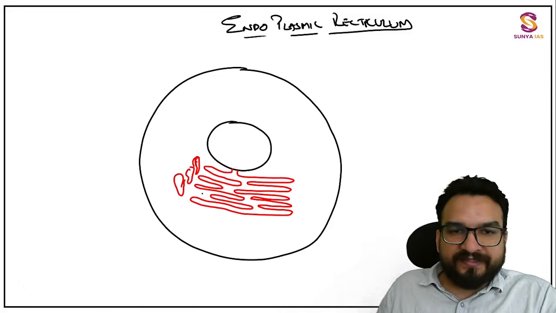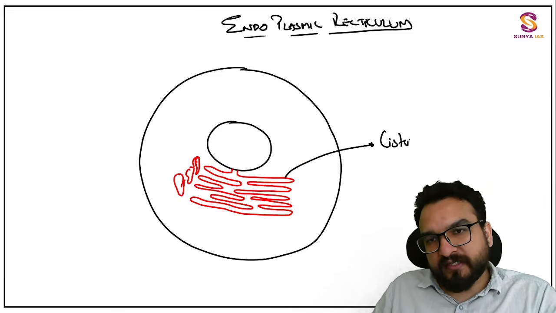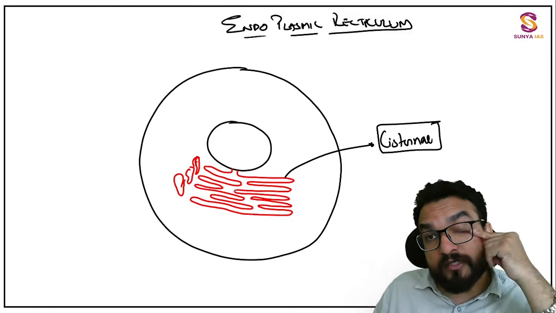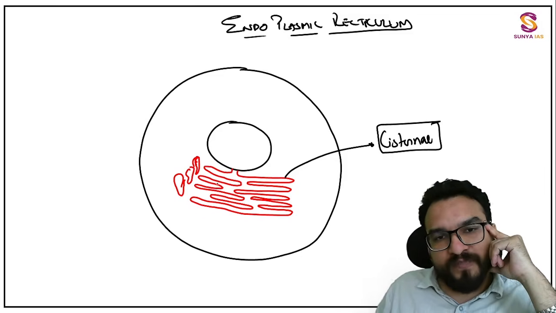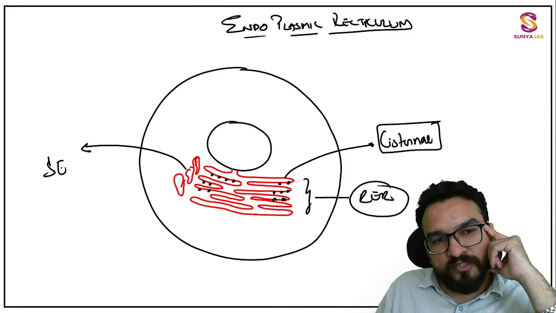Now, this structure is known as cisternae. This tube-like structure which I showed, interconnected, is known as cisternae. And sometimes on these cisternae, ribosomes are attached, and that's why the look is rough, and that's why it is known as the rough endoplasmic reticulum. Whereas on some there is no ribosome, so they are known as smooth endoplasmic reticulum.